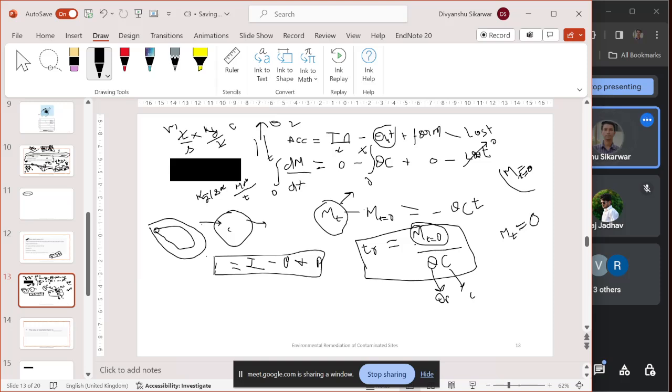So how do we calculate the M0 value? What is M0? M0 equal to Mt at t equal to zero. From now we will call it M naught. Can anyone tell what is M naught or Mt at t equal to zero? M is basically mass.